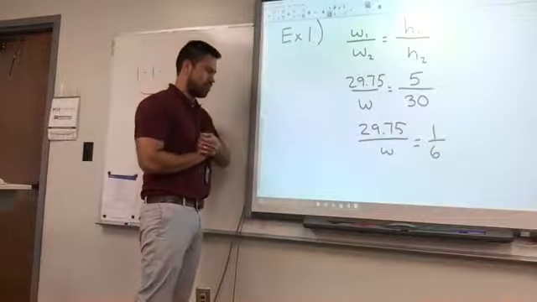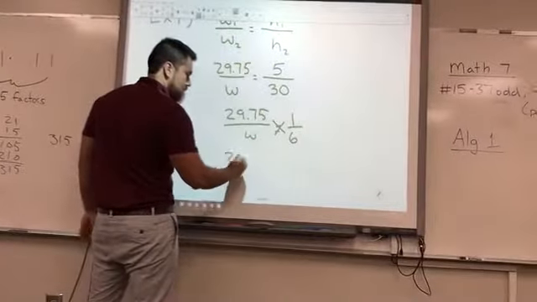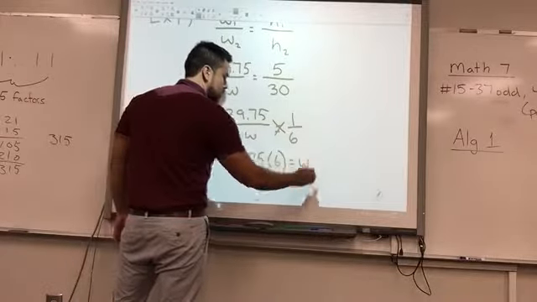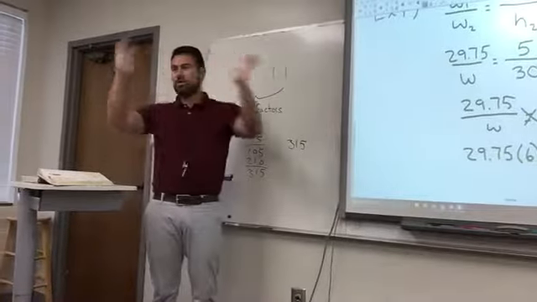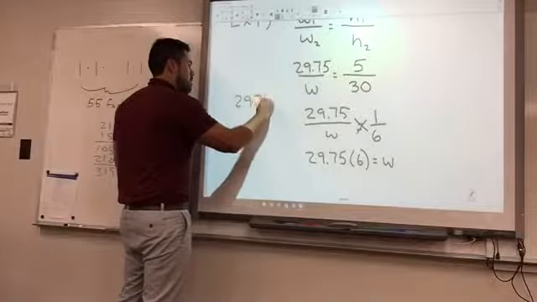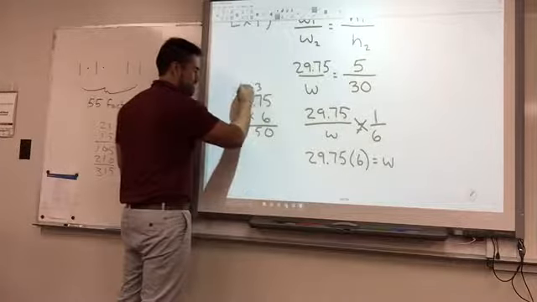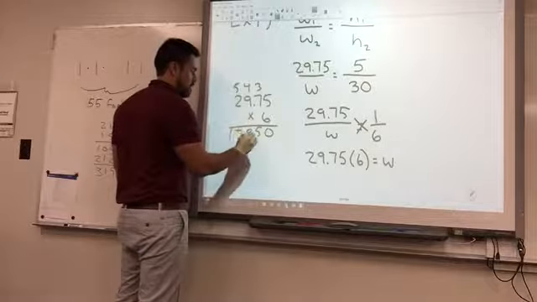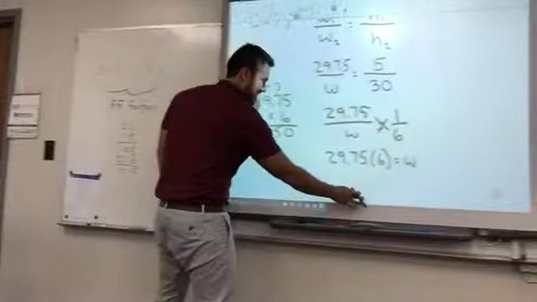So here you're cross multiplying, and you're really doing 29.75 times 6 equals W times 1, which is W. So your whole mathematical problem is 6 times 29.75. Which is what? $178.50.